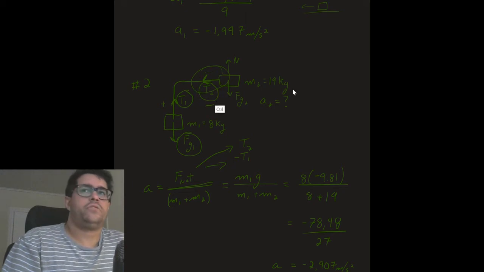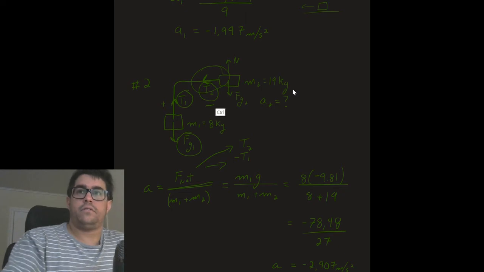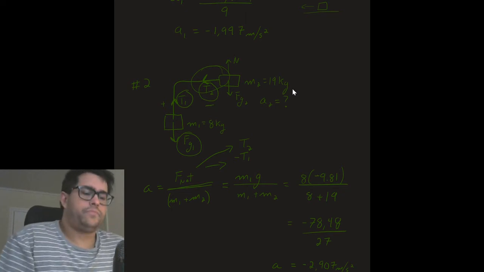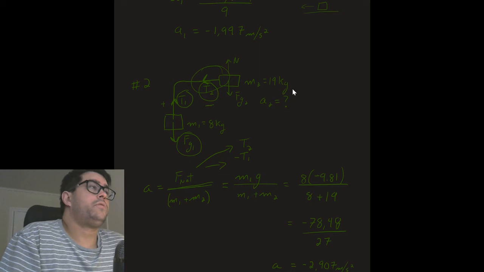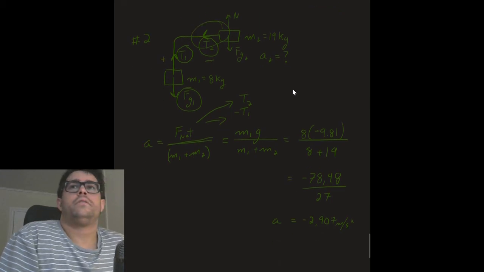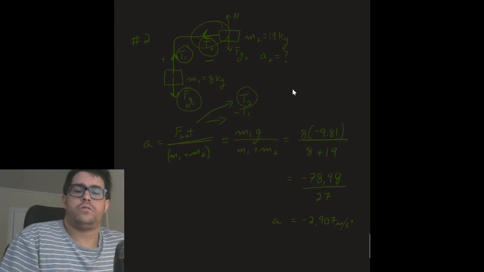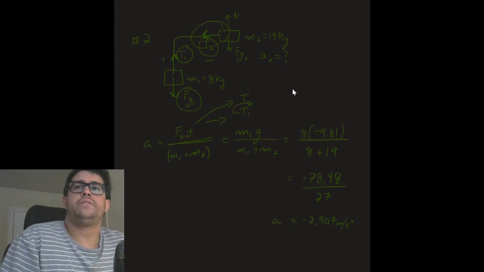And there's nothing you can do about that. You can only label them if you want. So let's go back here. T2 is going to be equal to minus T1 because it's the opposite direction.